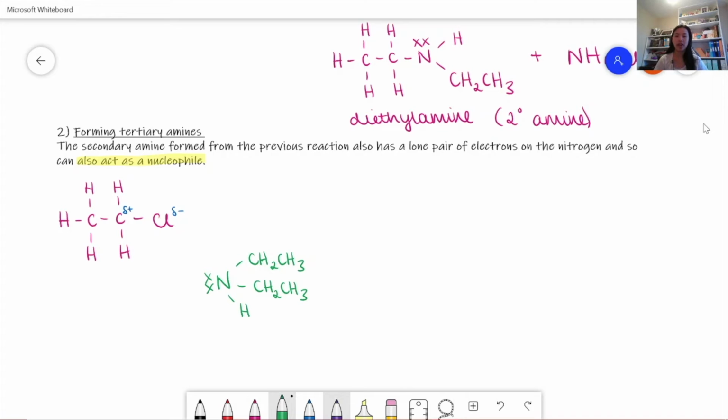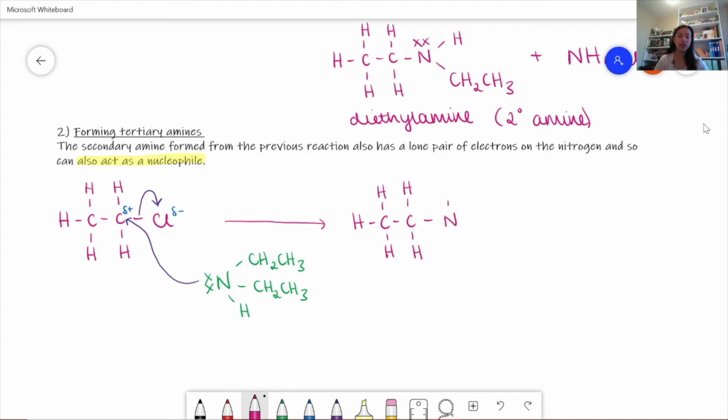And so it's attracted to the carbon and moves towards it. And then these two electrons from this bond move towards the chlorine due to repulsion. So what we form is CH3, CH2, and now we've substituted out the chlorine for this diethylamine.